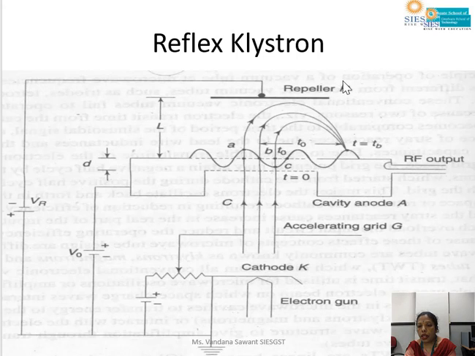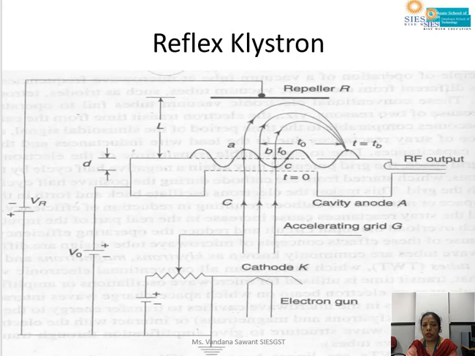This electrode is denoted by an R. Now this repeller voltage is given as a negative supply as compared to this cavity. So this is the construction. It consists of an electron gun, cathode, accelerating grid, then the re-entrant resonating cavity, and the repeller voltage. Now one by one we'll see how all these 5 processes are carried out in this tube.